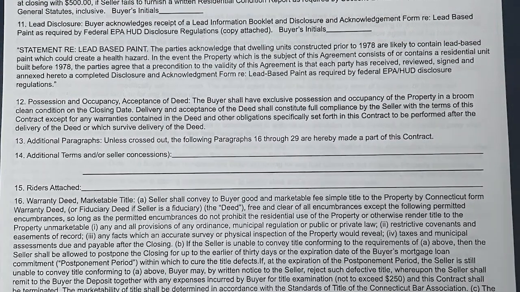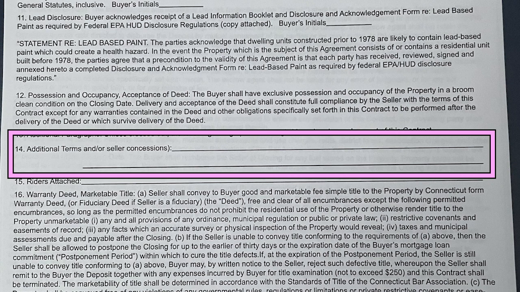And then number 14 is where, if you're going to be putting any additional terms on there, please be very, very careful about things like escalation clauses. It's very, very important because you're a realtor, you're not an attorney.